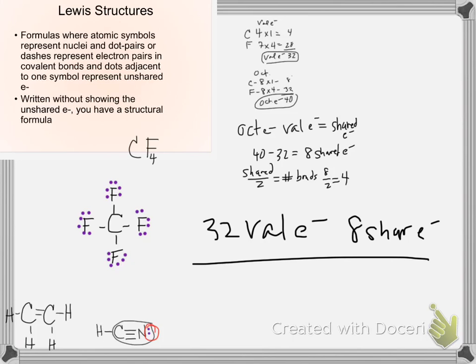Well, what does that give us? 32 minus 8? 24. So we have 24 that are not shared. Let's see. 2, 4, 6, 8, 10, 12, 14, 16, 18, 20, 22, 24 unshared. It's all mathematical for these, which is a real thing of beauty.